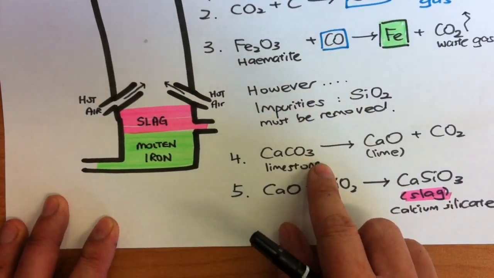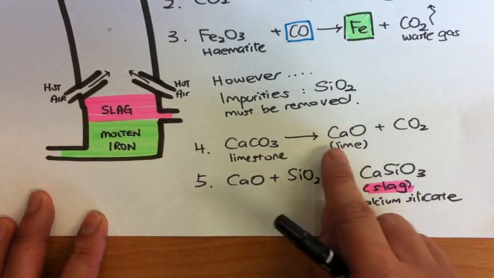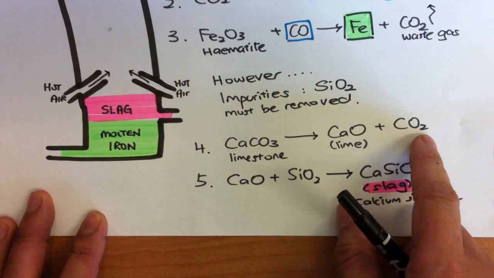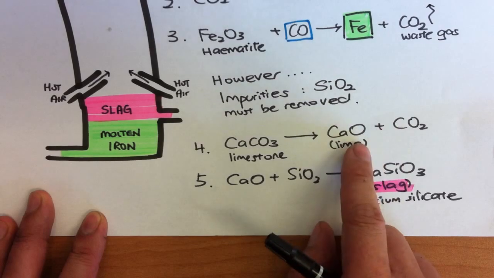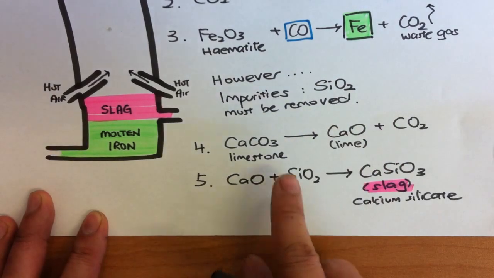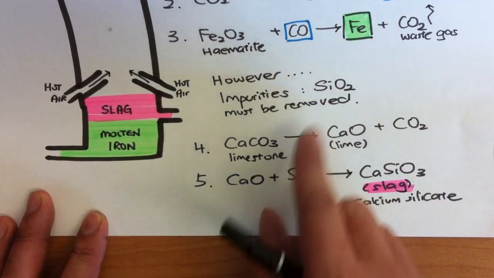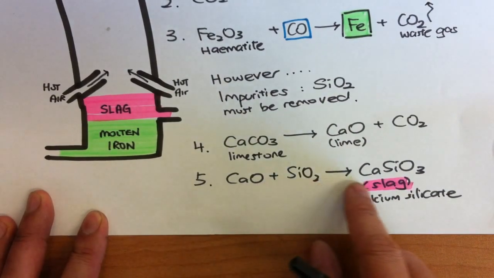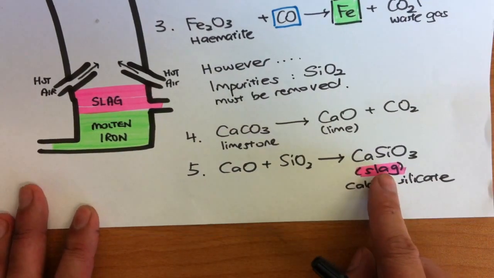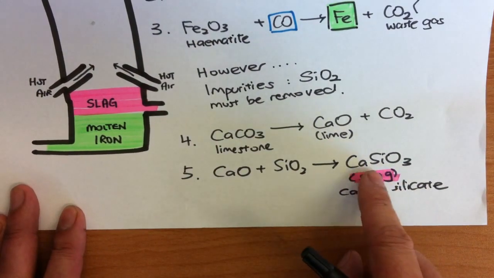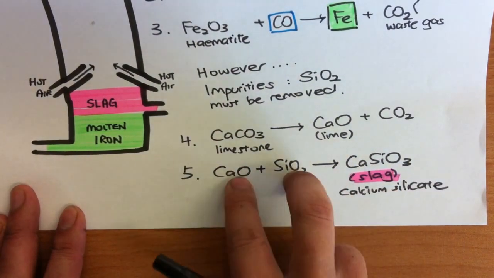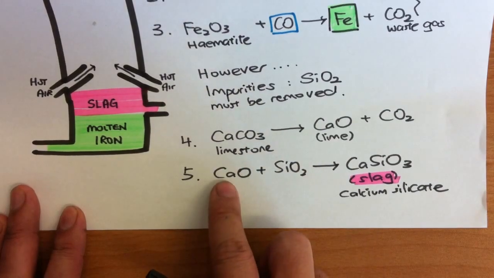We heat limestone, and it will decompose to form CaO plus CO2. CO2 is a waste gas, it goes. What we want is CaO, lime. Lime will combine with the silicon dioxide, and what it forms is something known as slag, or calcium silicate.